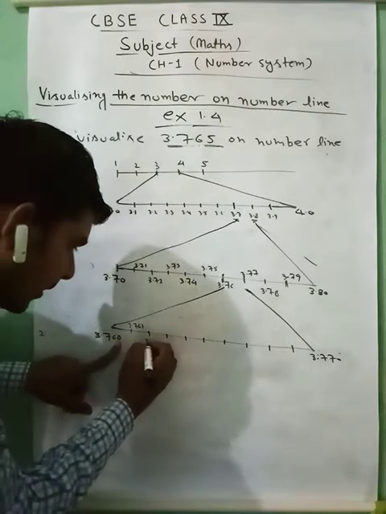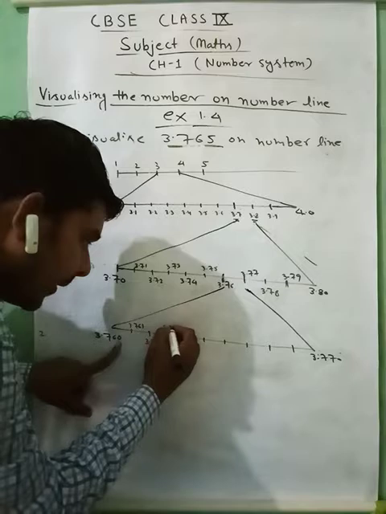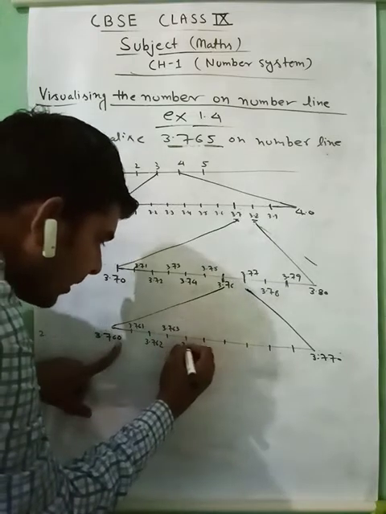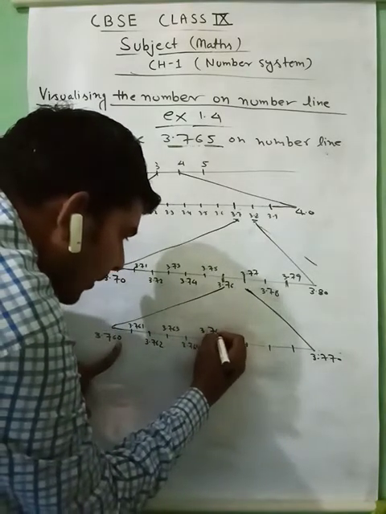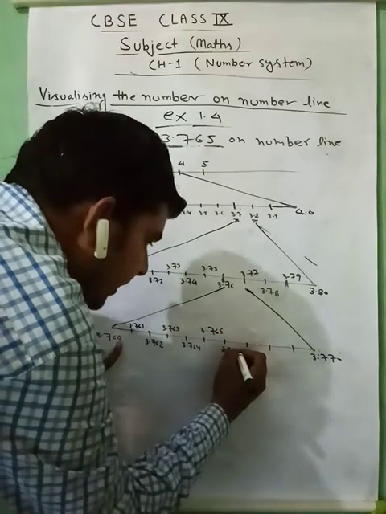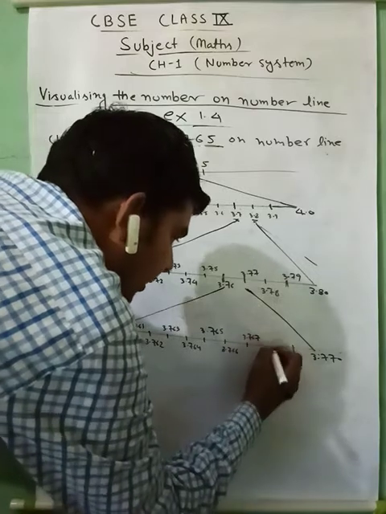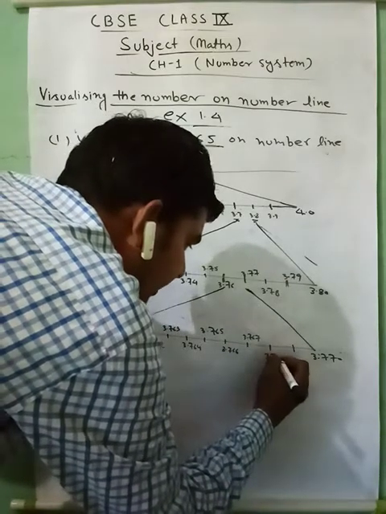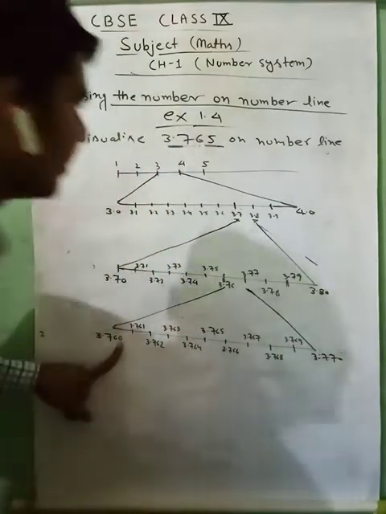3.761, 3.762, 3.763, 3.764, 3.765, 3.766, 3.767, 3.768, 3.769.